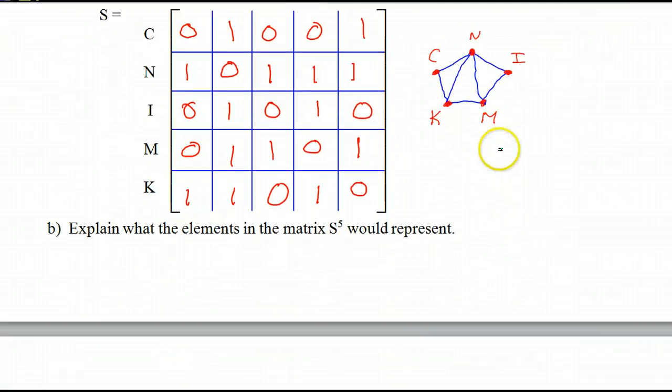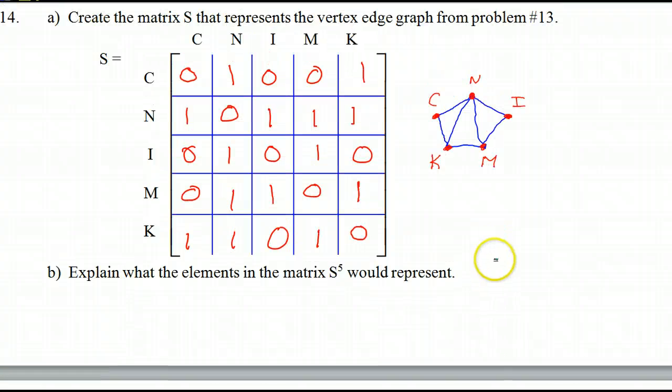Now we are supposed to explain what the elements in the matrix S to the 5th power would represent. Just understand that this original matrix is really showing the number of ways that you can get from one state to another crossing one border.